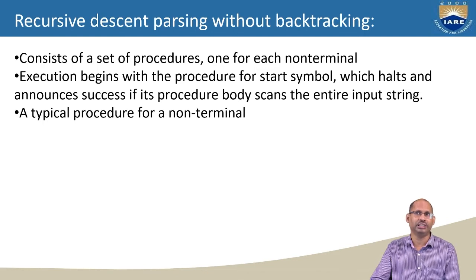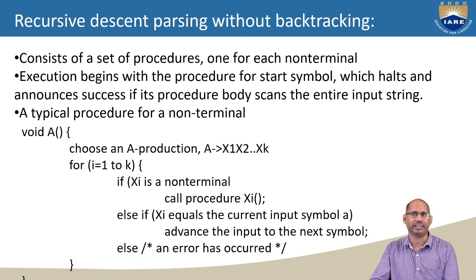Now, recursive descent parsing without backtracking. One is the top-down parsing method, another is the brute force method, a recursive descent with backtracking, and another is recursive descent parsing without backtracking. In this parsing method, we use a set of procedures, one for each non-terminal.